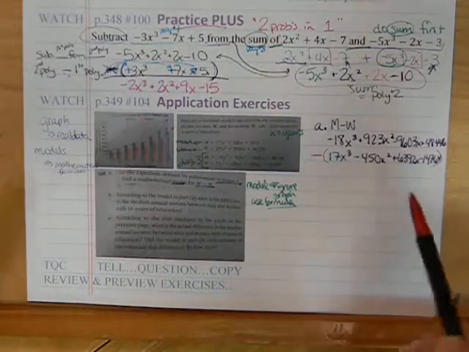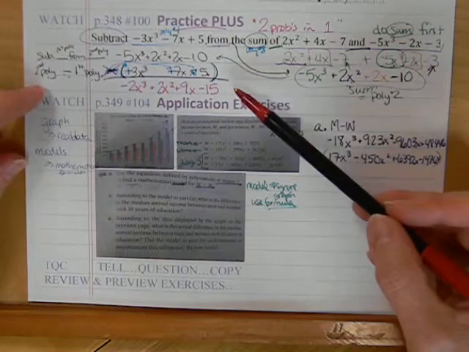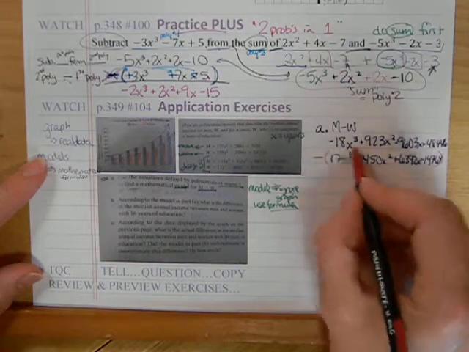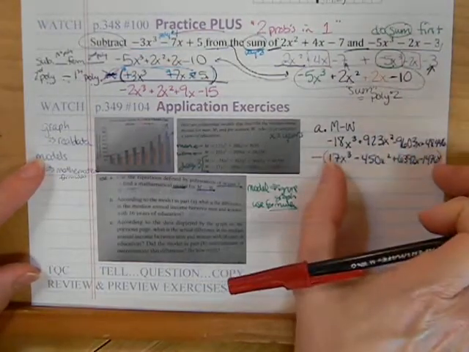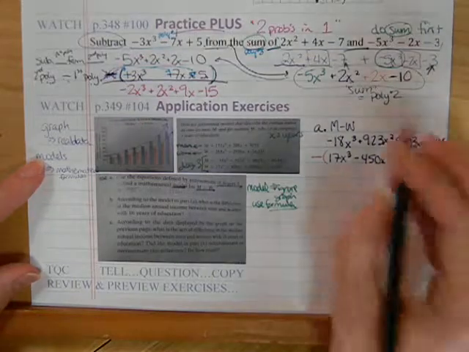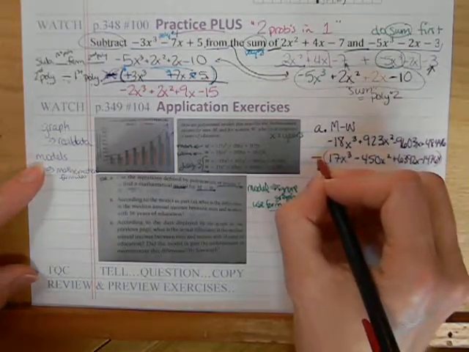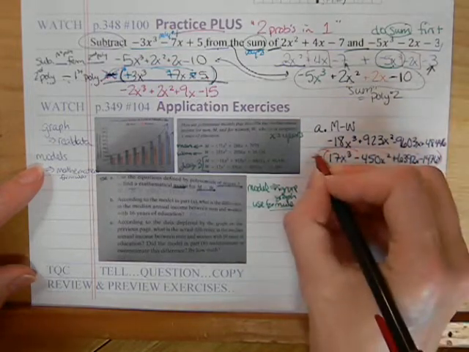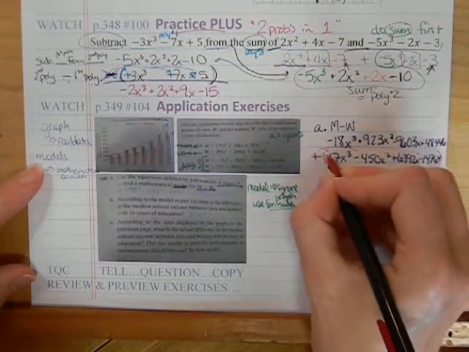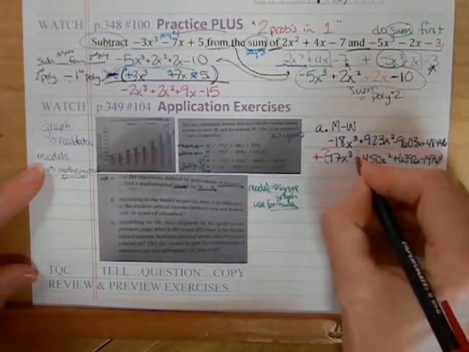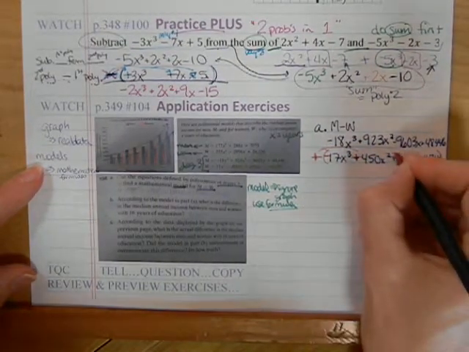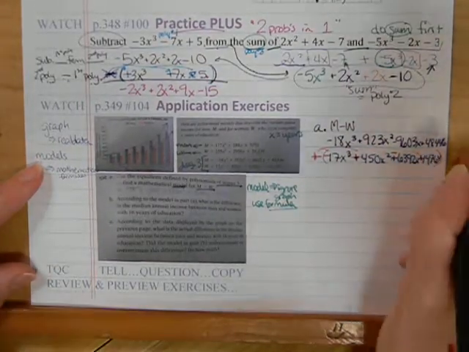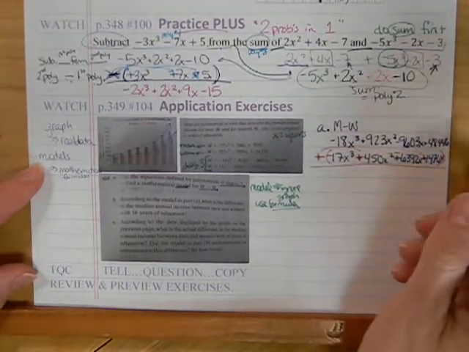And similar to our practice in the previous video, we are going to distribute that negative across all three. When you subtract a group of things, you're actually subtracting each piece. So instead of the subtraction sitting out here, we're going to apply it to each of the pieces inside here. So this becomes a plus and it then applies itself to each one. So this becomes a negative 17x cubed, this becomes a plus 450x squared, this becomes a negative 6392x, and this becomes a plus 14764, and then we're able to add these two together.